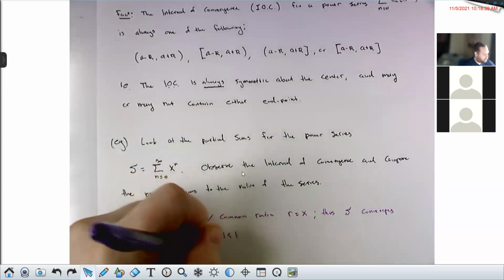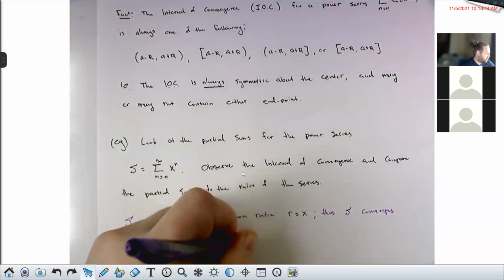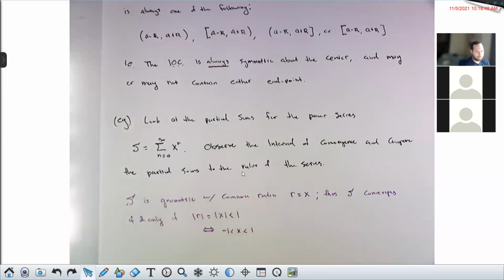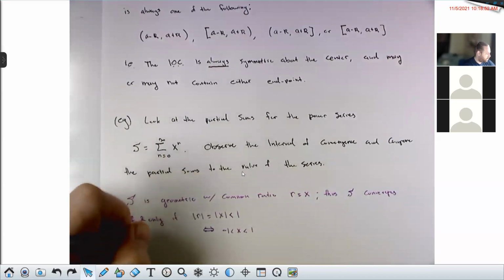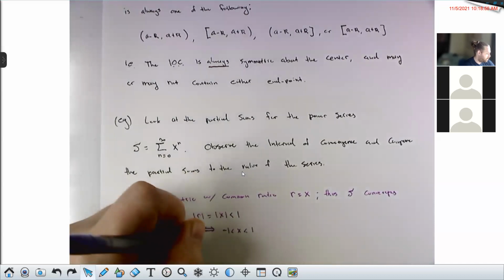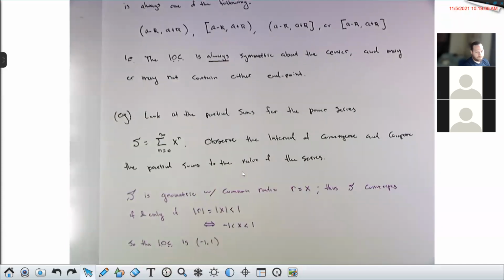And same deal, this means that -1 is strictly less than x is strictly less than +1. So the IOC is the open interval from -1 to 1. Just for fun, what's the center of this series? When I think of this as a power series, what is the center?